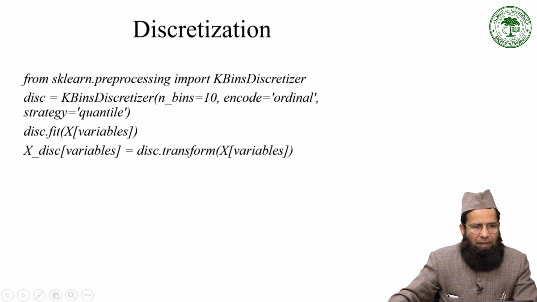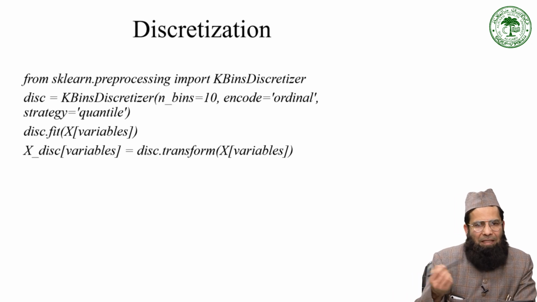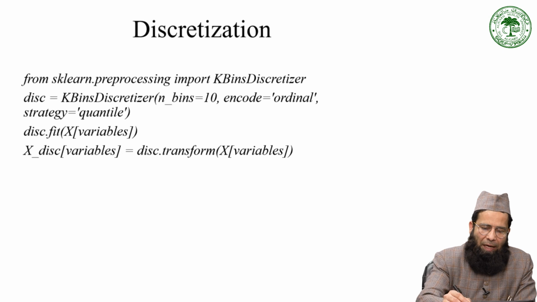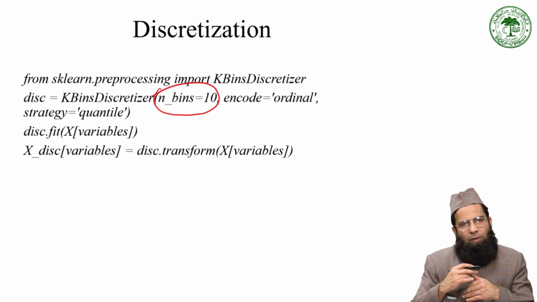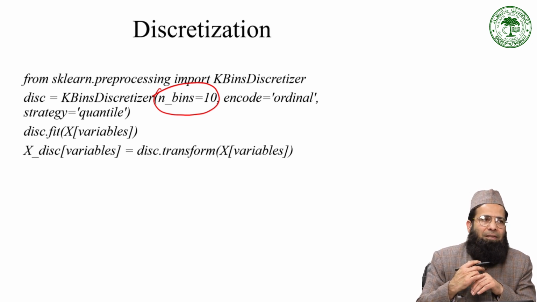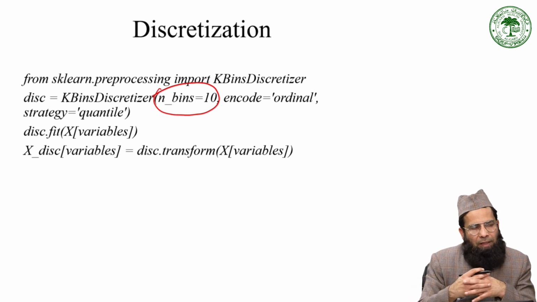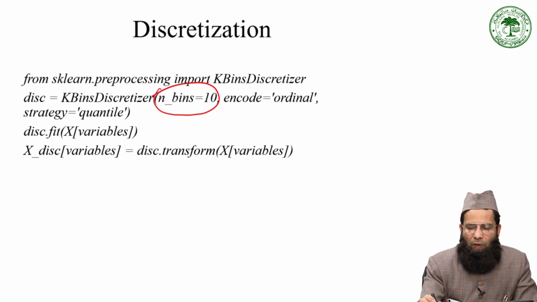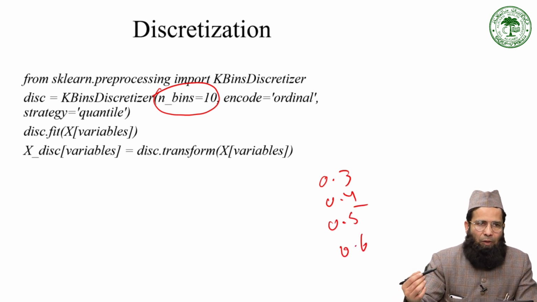Again, in this case, we are using k-bins discretization, so that we can create a total of n bins. Let's say you want to categorize certain values which are between 0 to 1, let's say 0.3, 0.4, 0.5, 0.6 and so on. You want to make categories for this continuous value.